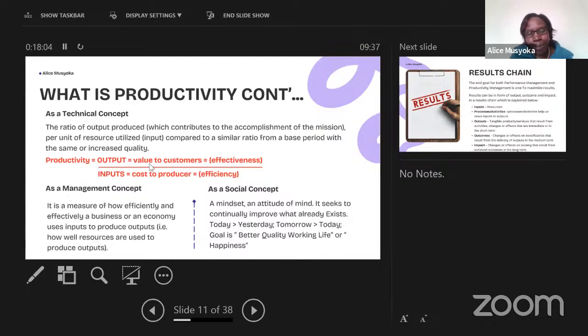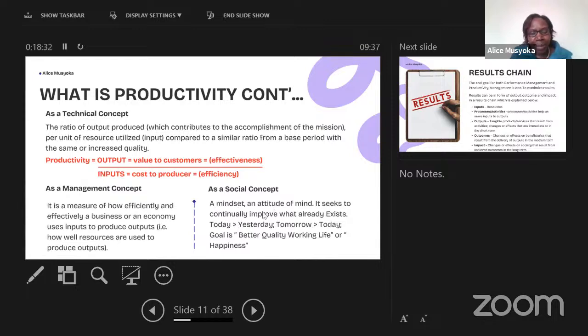So output becomes the numerator, denominator becomes the inputs. And when we look at productivity as a management concept, we are saying it's a measure of how efficiently and effectively a business or an economy uses inputs to produce outputs, how well resources are used to produce outputs.